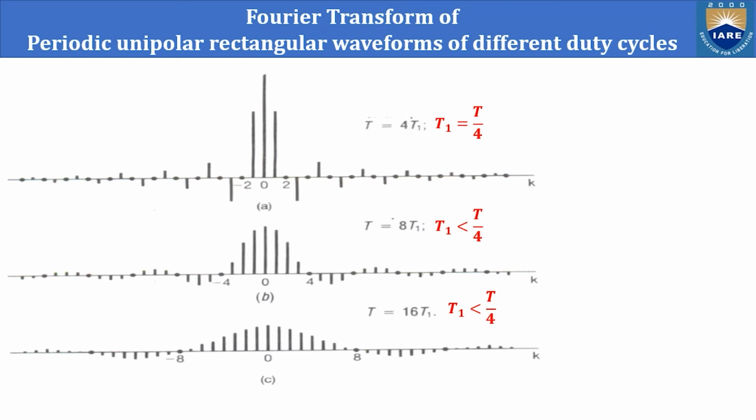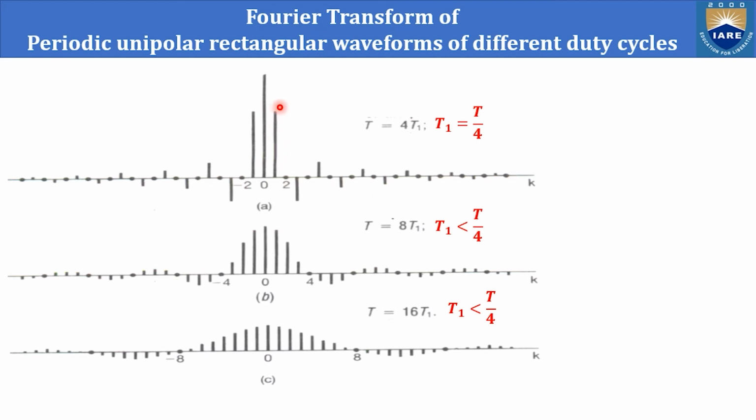If the on period is equal to the off period, then it is called a square wave, and if the on period is higher than the off period, then we can call it a rectangular waveform. That is what I am going to follow in this lecture.